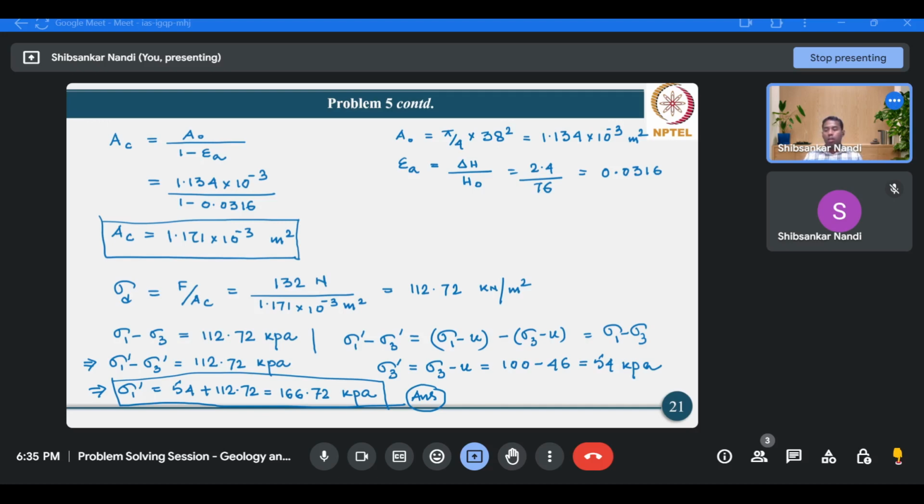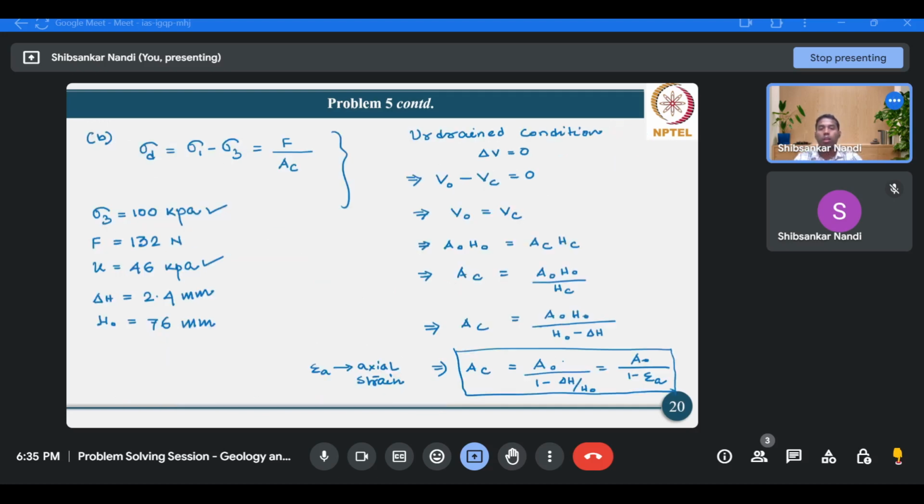Okay, so this is the process by which you can calculate the effective principal stresses in the undrained condition, undrained test, if you know the pore water pressure which is developed inside the sample.